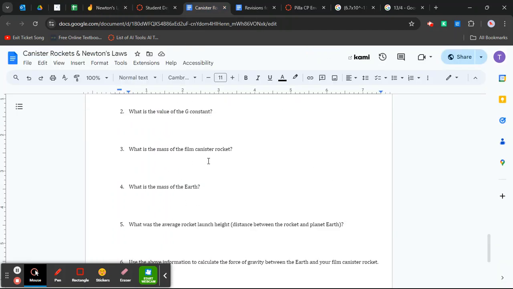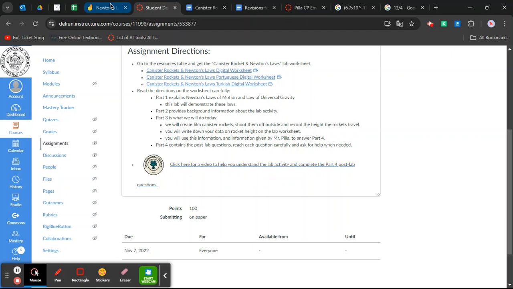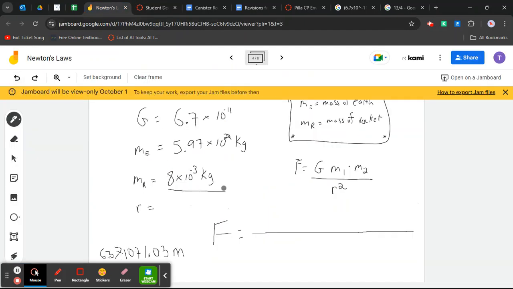Then it says, what is the mass of the film canister? I actually took the mass and we found out that it's 8 grams, or, because it has to be in kilograms, 8 times 10 to the negative 3 kilograms, or 0.008 kilograms. These parts are going to be the same for everybody because the G constant is always the same, the mass of the Earth is always the same, and the mass of our canisters we can assume are all the same.